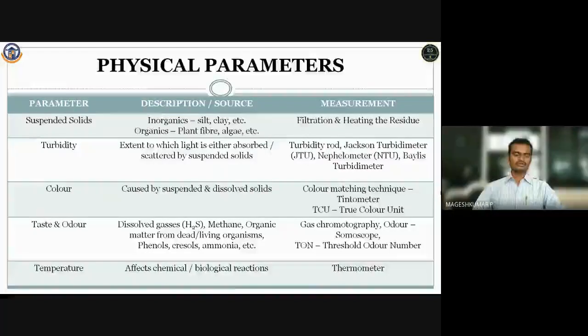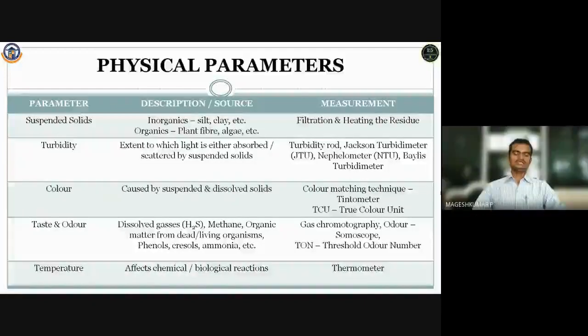Taste and odor, the dissolved gases like hydrogen sulfide and methane, which are the end products of anaerobic digestion, are all responsible for the taste and odor in water. And some organic matter from dead or living organisms, phenols, cresols, ammonia. Ammonia is the indicator of fresh sewage.